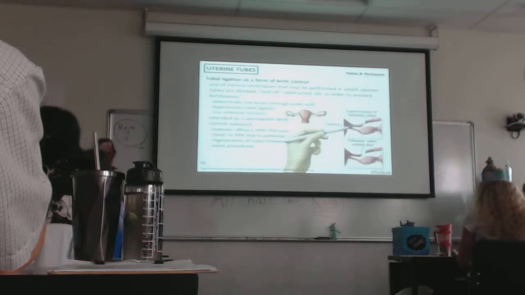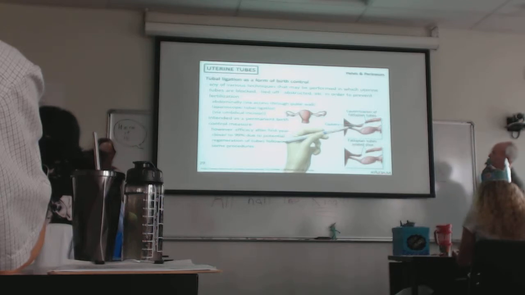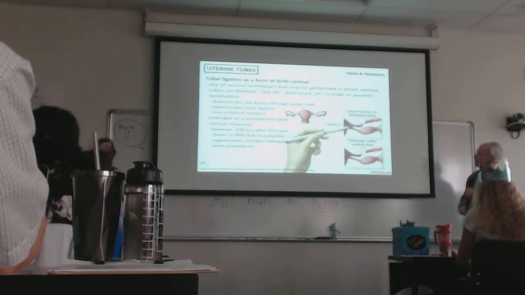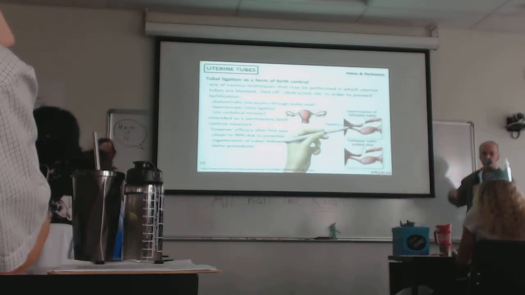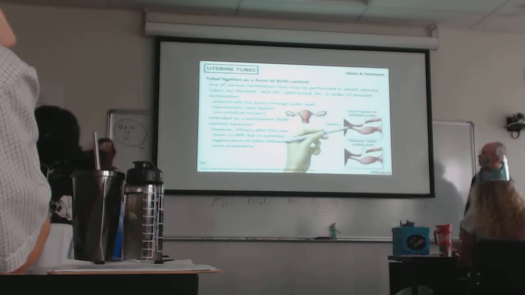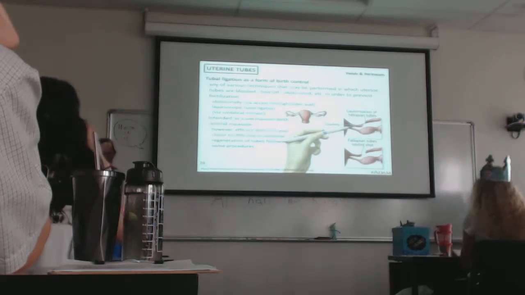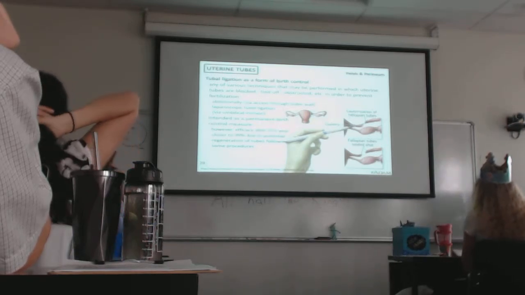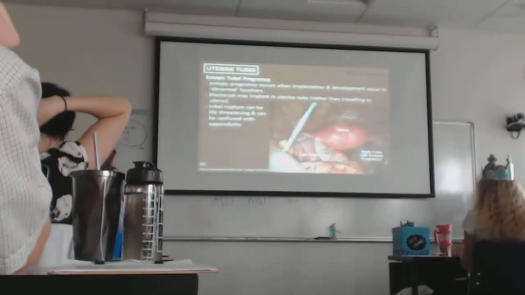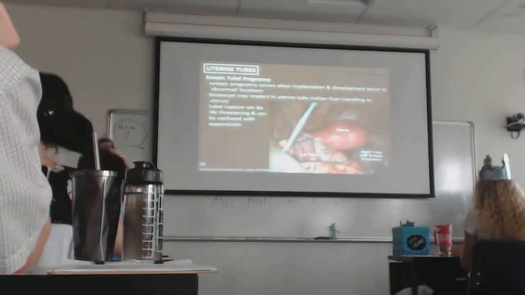As with the males, the female fallopian tubes can be separated or cleaved as a mechanism of birth control, tubal ligation. There are various ways to do this, and generally fairly effective, fairly irreversible. We talked about ectopic pregnancies.